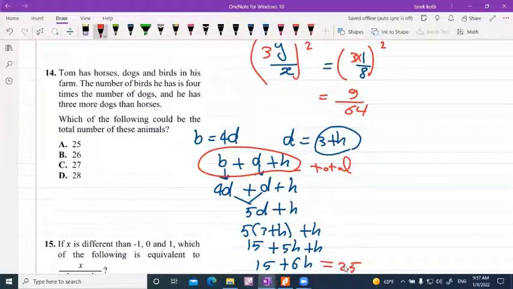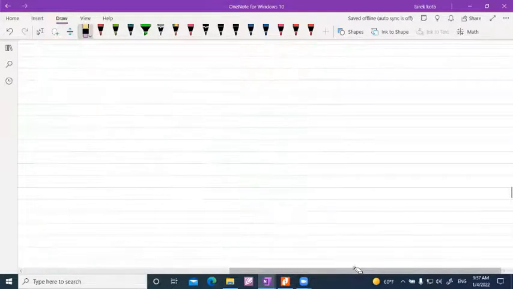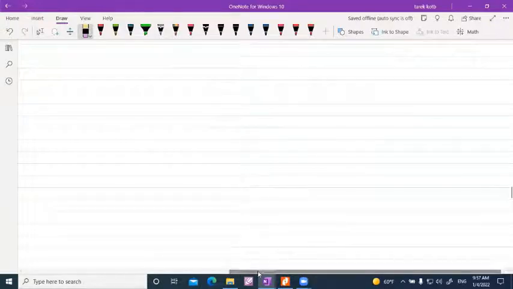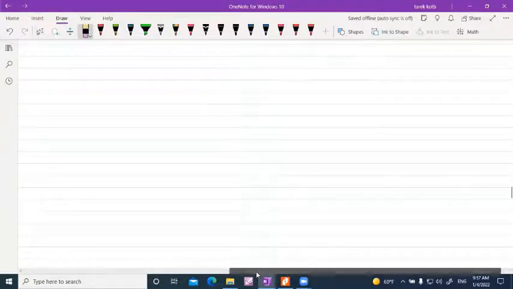If you solve this equation, you'll get h in decimal, because 25 take away 15 is 10, divided by 6, it will be decimal. The number of horses cannot be decimal. If you also try it with 26, you also get decimal. The only number that fits this equation is 27.